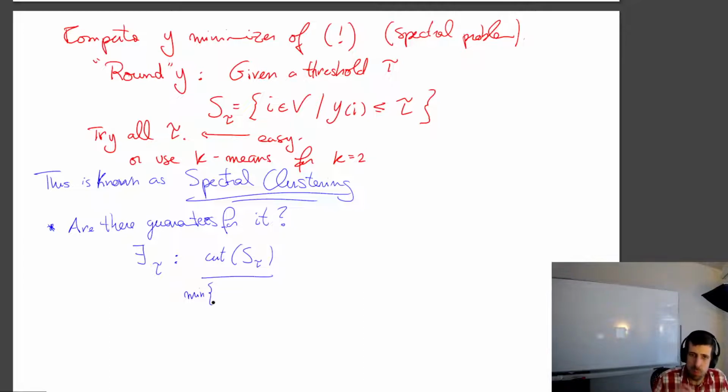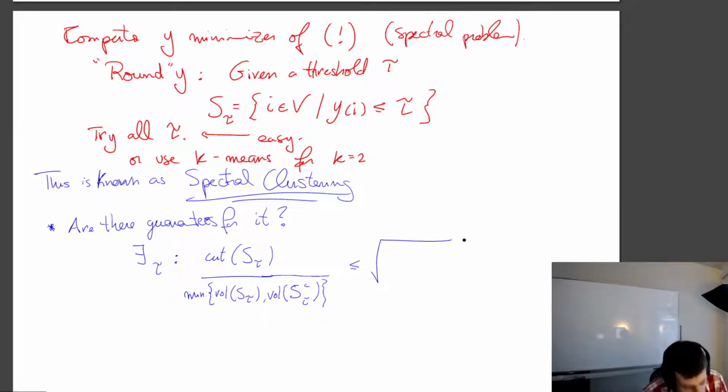This is the same up to a factor of 2, but it's somehow nicer to do it this way. Such that this is smaller or equal than square root of. Okay? And so this is known.